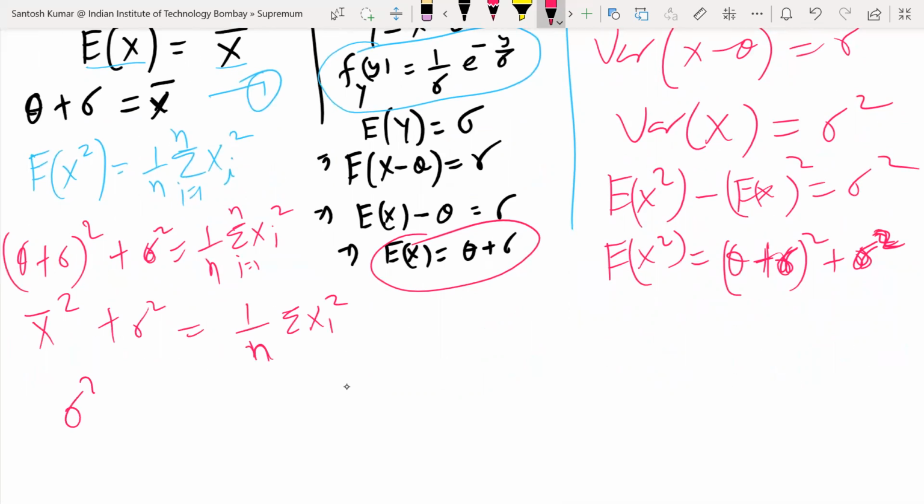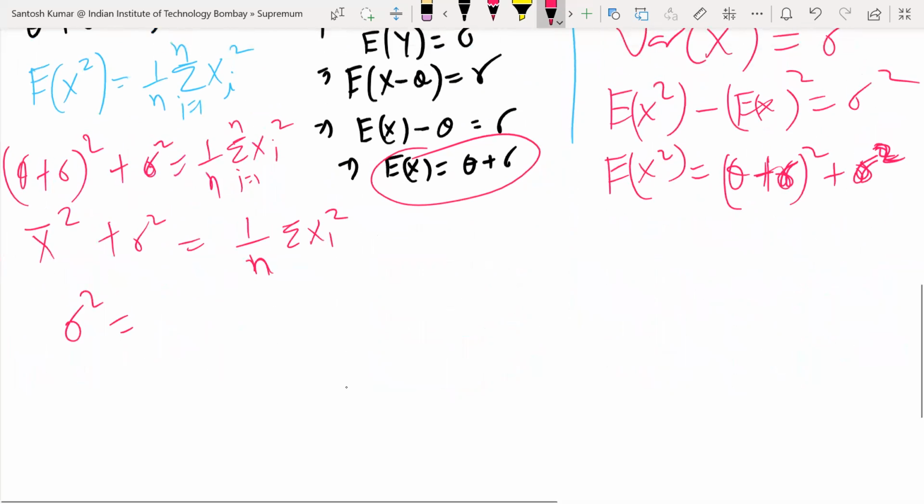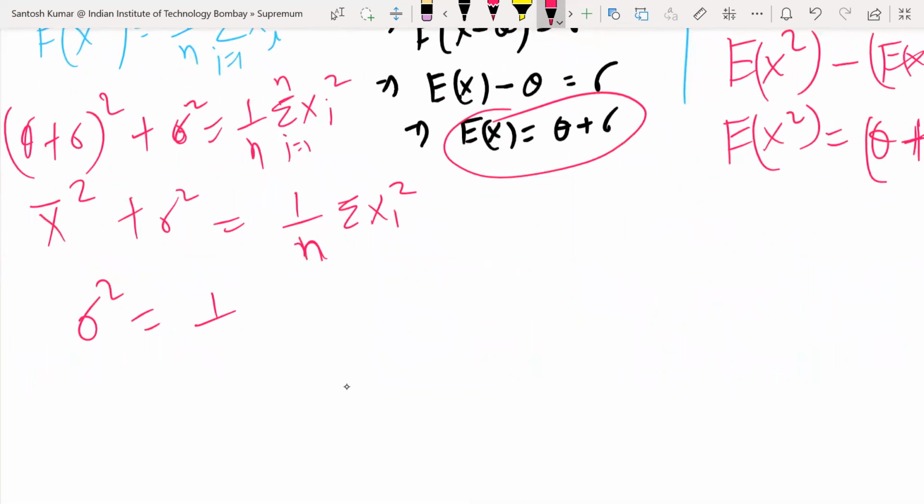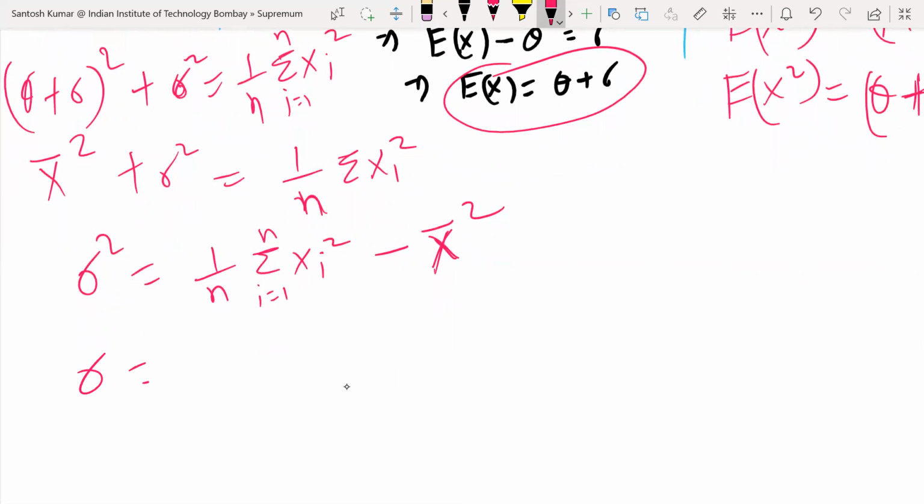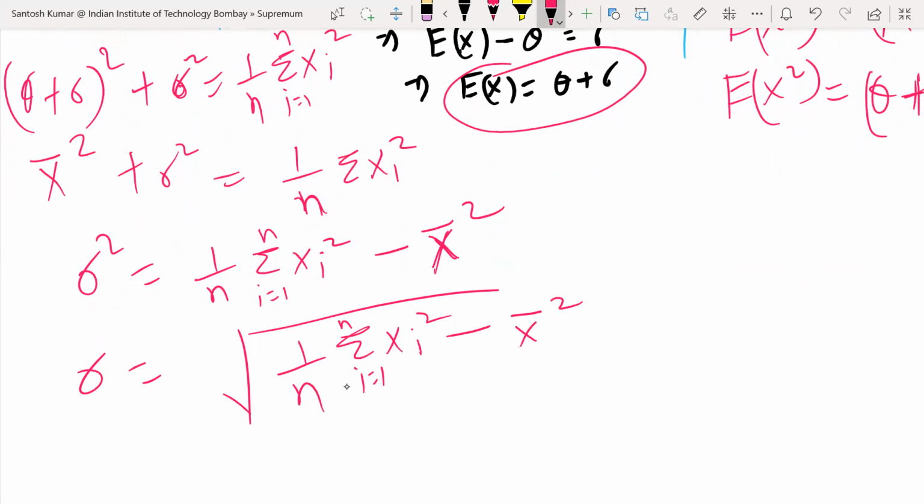So sigma square is 1 by n summation xi square, i from 1 to n, minus x bar square. So sigma is the square root of 1 by n summation xi square, i from 1 to n, minus x bar square.